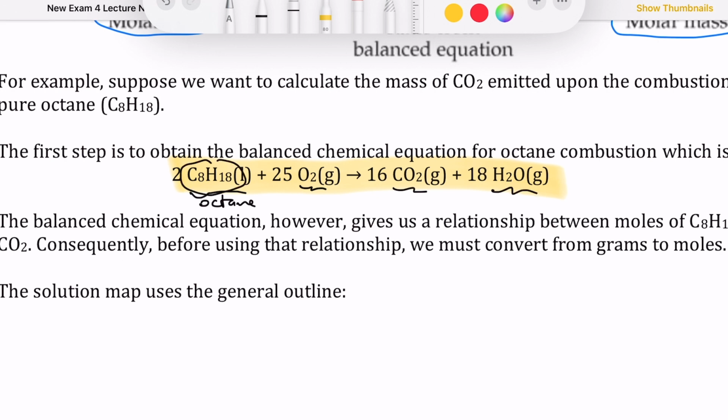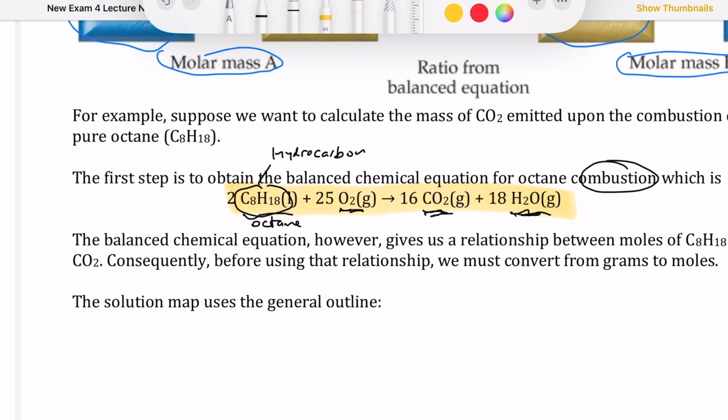Now, anytime you react one of these, this is called a hydrocarbon because it has hydrogen and carbon only in it, and you react it with oxygen, this is what we refer to as a combustion reaction. So combustion usually just means you're burning something, okay? You take the gasoline and you burn it. When you do that, you produce CO2 and H2O. They give you the balanced equation, so all those coefficients are there for the different chemical species.